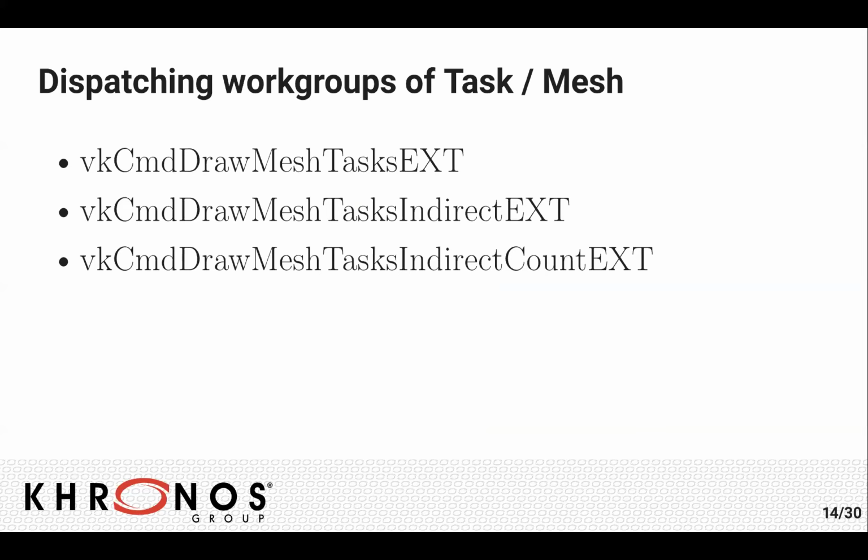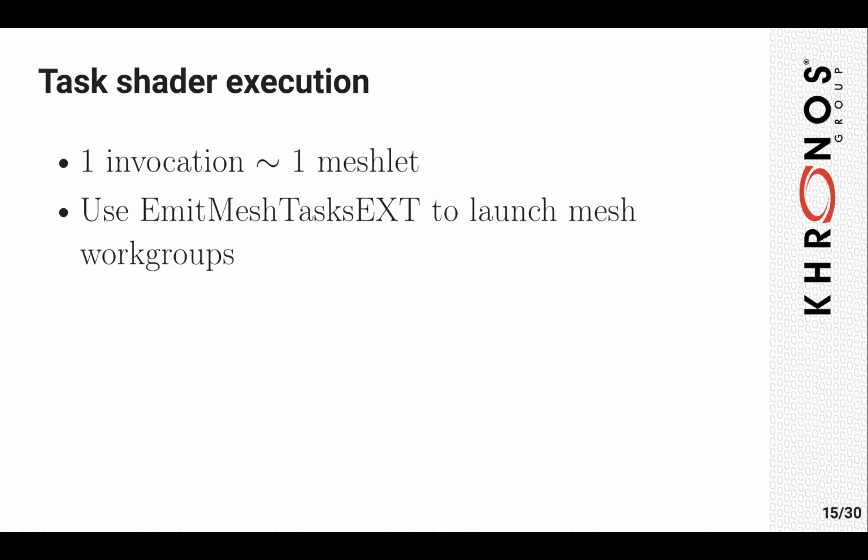So we have 3 new dispatch commands. We have the typical direct, indirect, and indirect count versions. These work similarly to how the corresponding draw commands already work in Vulkan, so I'm not going to waste any time explaining them. Let's talk a bit about how task shaders are executed.